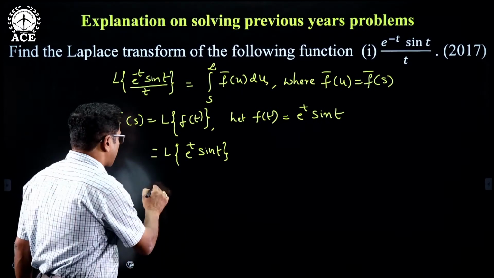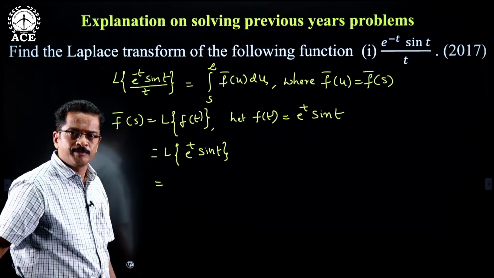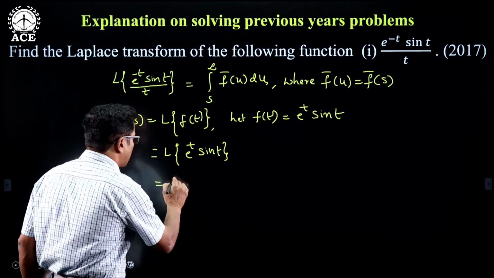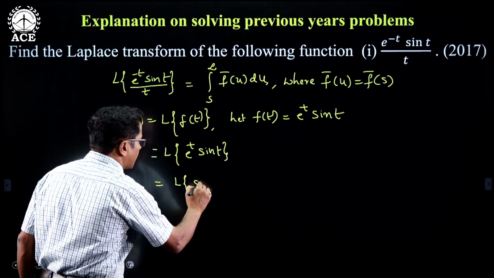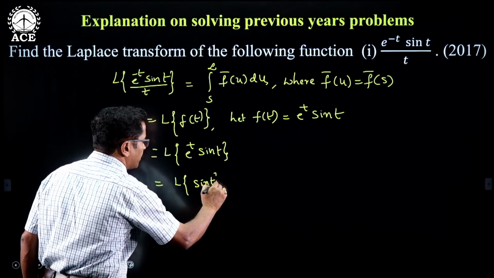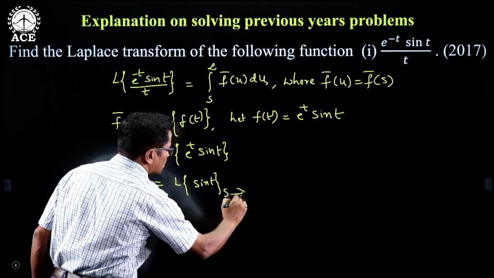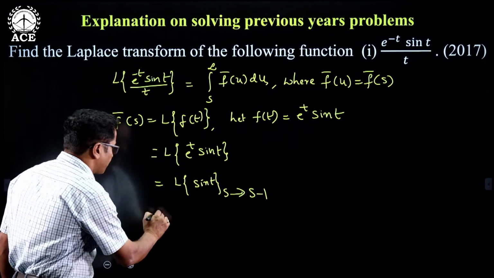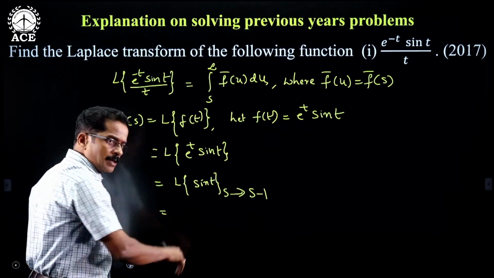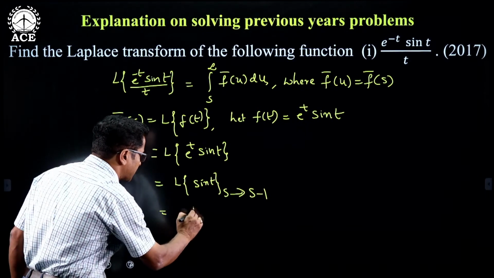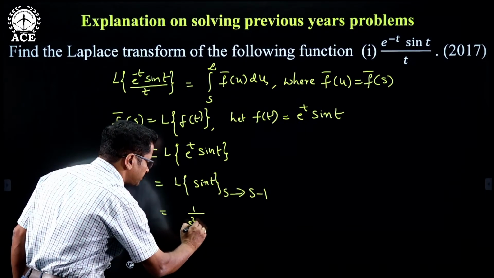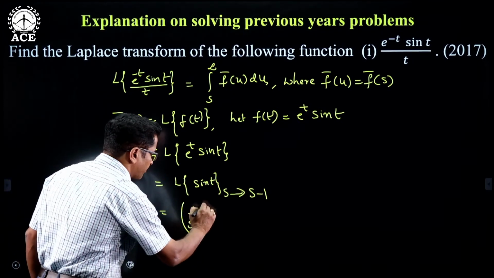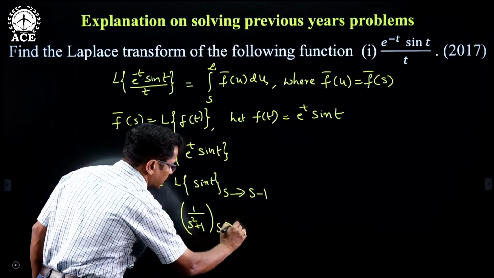Here I have to apply the first shifting theorem, as sin is in combination with the exponential. So L of sin t is 1 by s square plus 1, with s shifted to s minus 1.